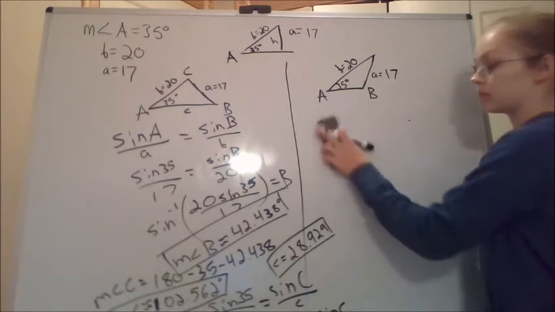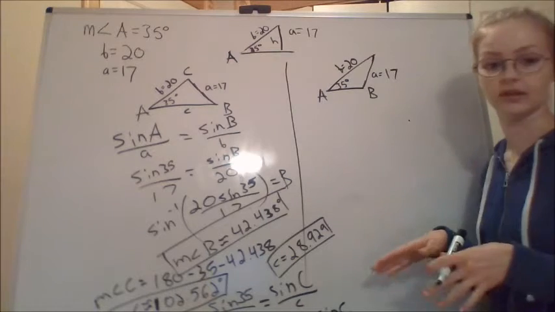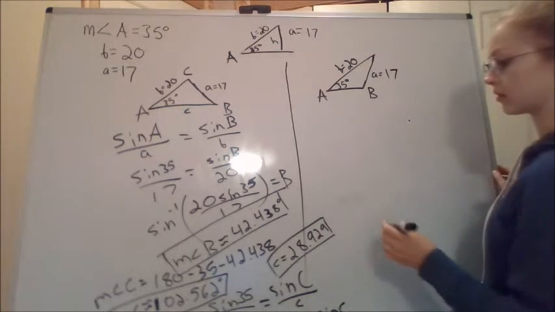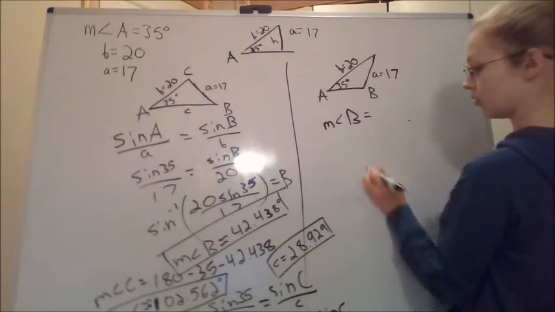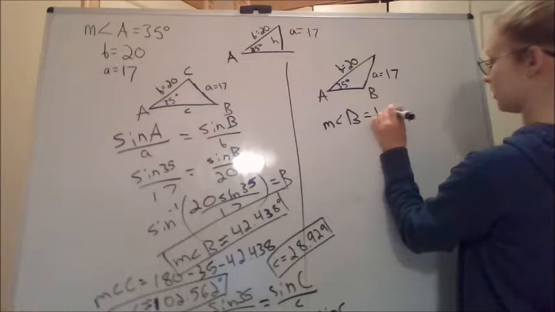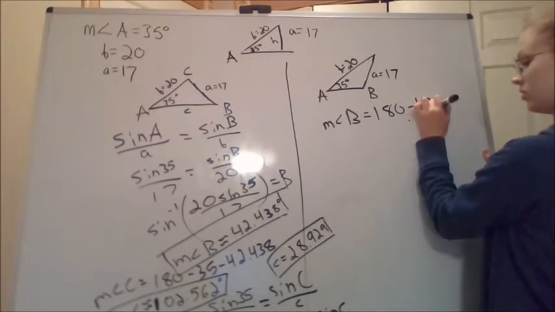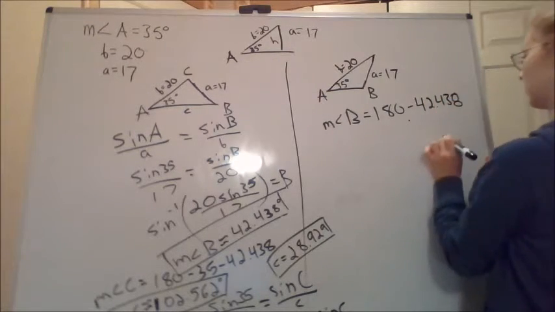And we don't have this problem with cosine, so that's why I like the law of cosines a bit better than this, quite frankly. But so basically we're going to take measure of angle B, and that's going to be 180 minus our old angle, 42.438. And that's going to give us our new angle.